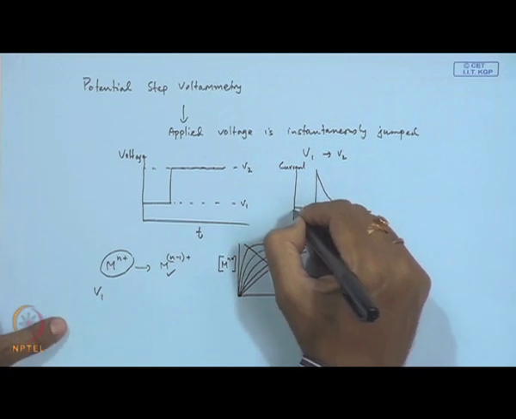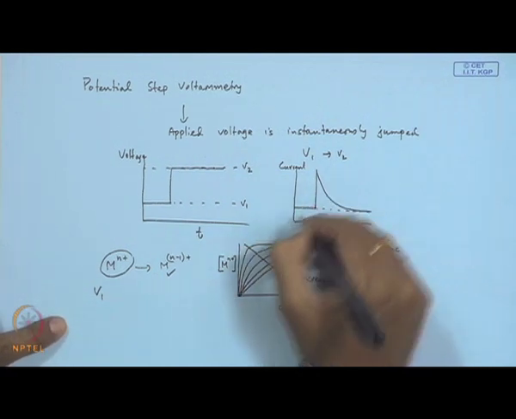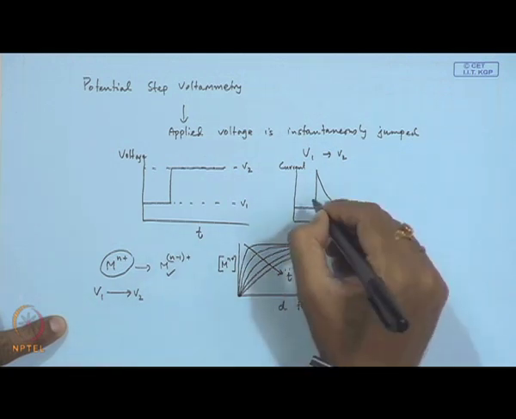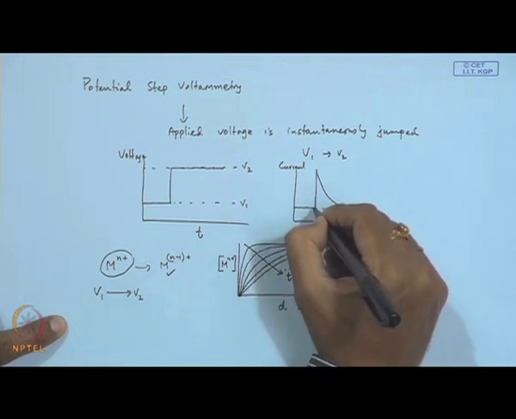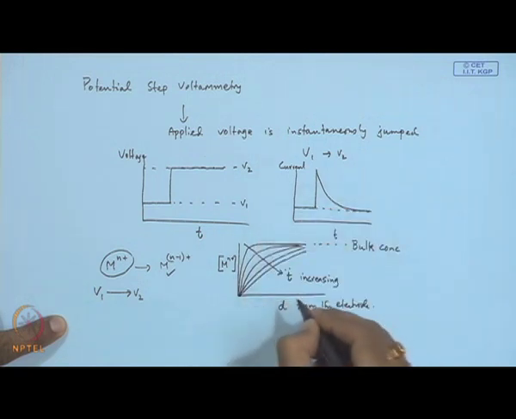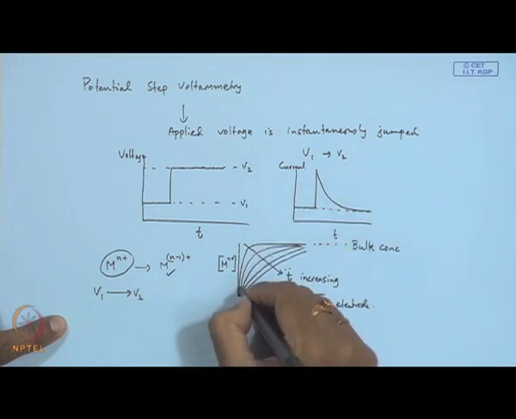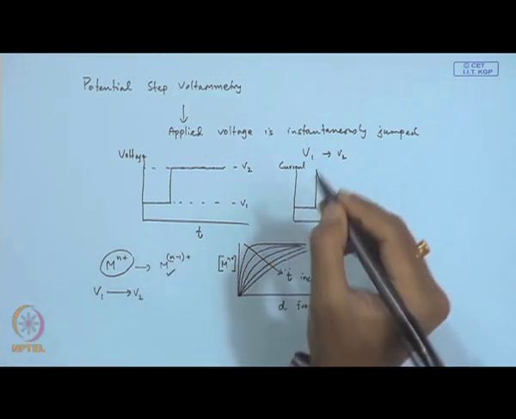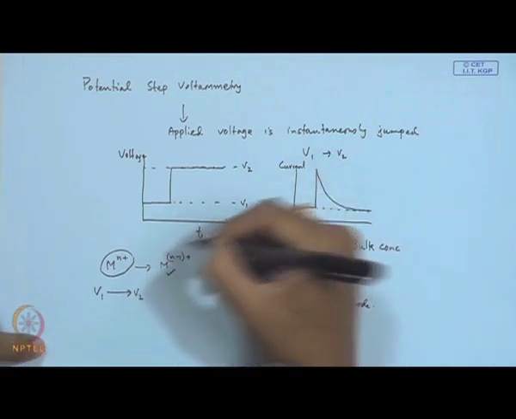Since you change the voltage from V1 to V2, when the time is very small there is a huge change in concentration due to this reduction.